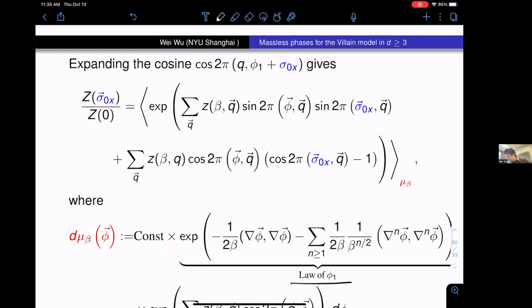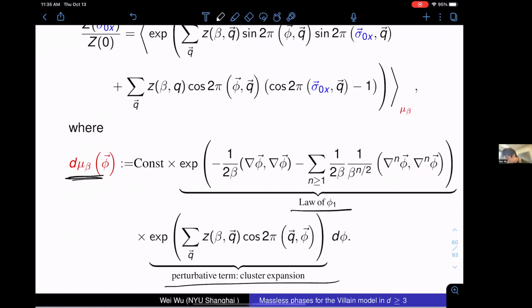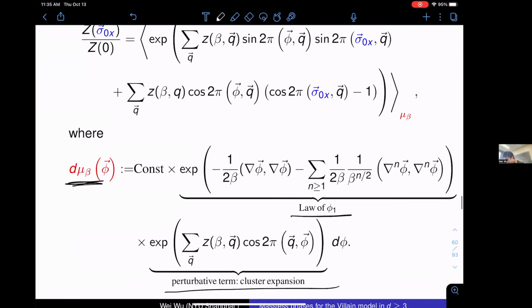But the good thing for us is that this measure, you can see it's log concave, right? Because the leading term is actually this Gaussian free field term. And then there are different higher order terms or perturbation terms, but you would see that as beta gets very big, they're acting like a lower order. So the overall measure is log concave.